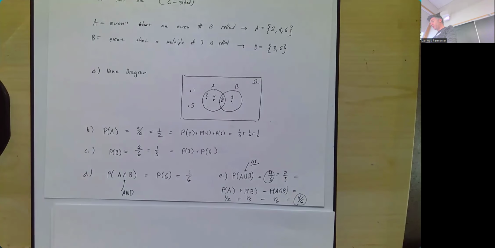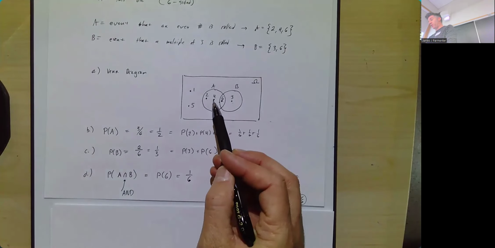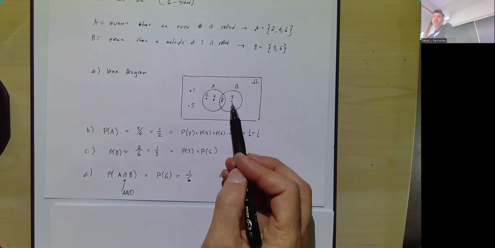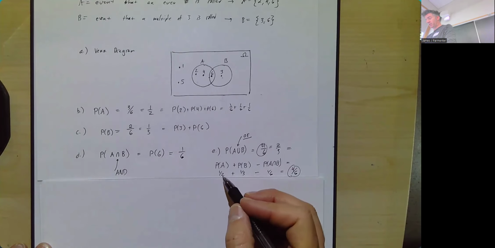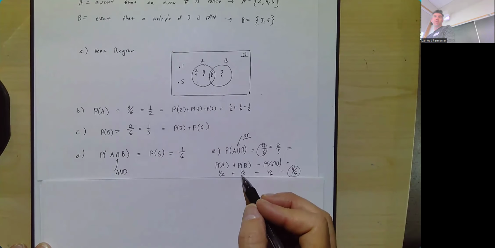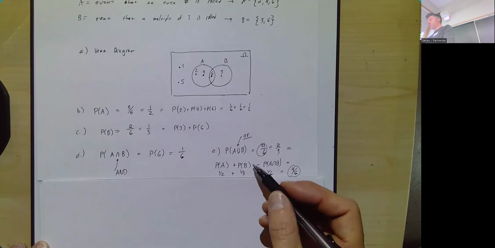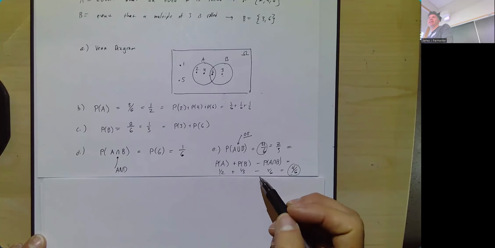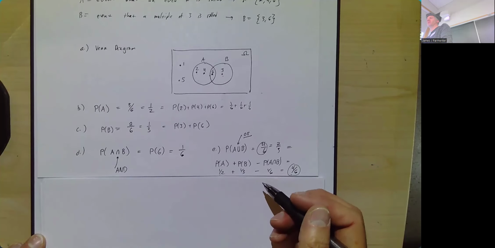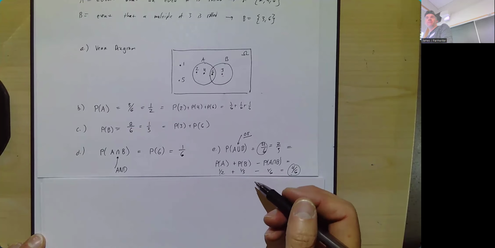So you can either see the 4/6 from just saying all the things in A or B. There's 4 things in there out of 6 total. Or you can say it's the probability of A, which is 3/6, plus the probability of B, which is 2/6, which gives you 5/6. But then you have to subtract off the probability of the intersection, which is 1/6. So 3/6 plus 2/6 minus 1/6 is 5 minus 1, which is 4/6.